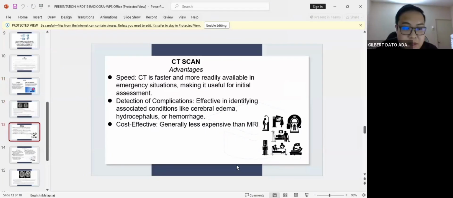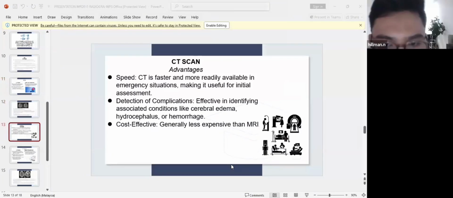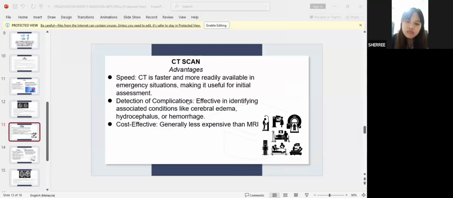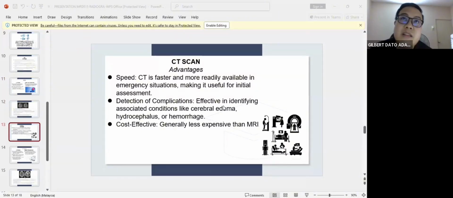Because for the early detection of this type of brain infection, normally the doctor will do the blood test, so the CT scan we can do after the blood test, or we need to proceed with the MRI first.